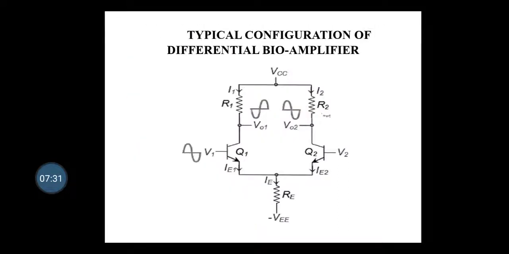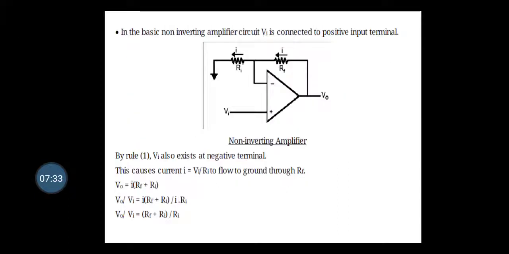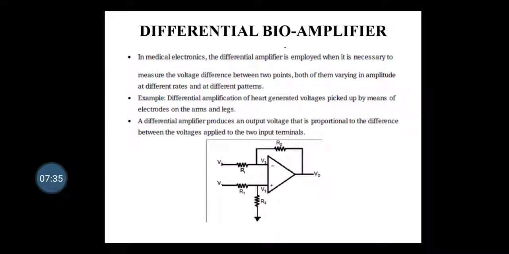The differential bioamplifier is shown in the figure. In medical electronics, the differential amplifier is employed when it is necessary to measure the voltage difference between two points, both of them varying in amplitude at different rates and in different patterns.